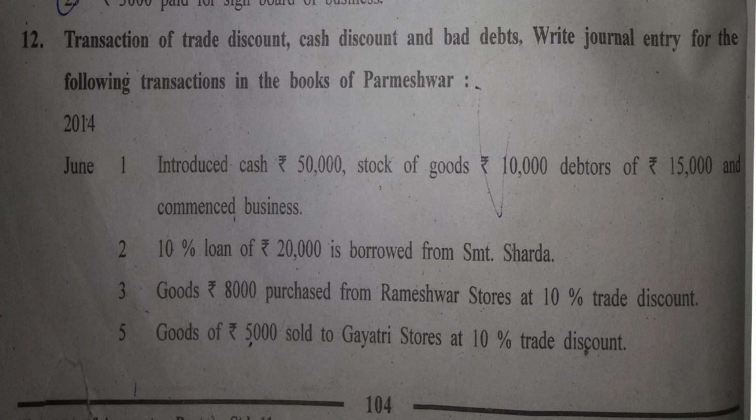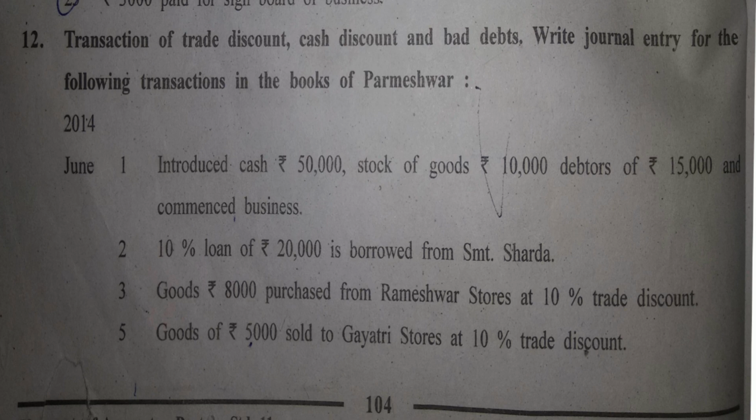cash account debit 20,000. You can also write down the journal entries when I'm dictating. I repeat, cash account debit 20,000 to 10% loan of Srimati Sharda account. 10% here is the rate of interest.